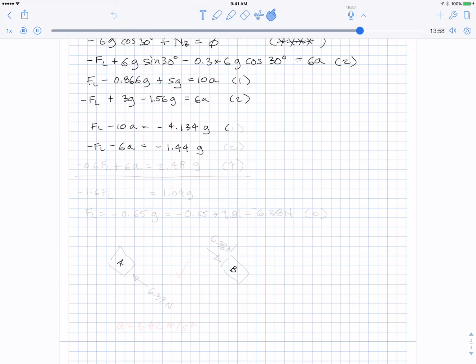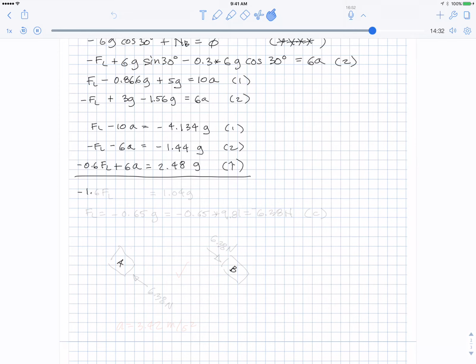So equation 1 multiplied by 0.6 is 0.6 FL minus 6A equals minus 2.48G. Add those together.